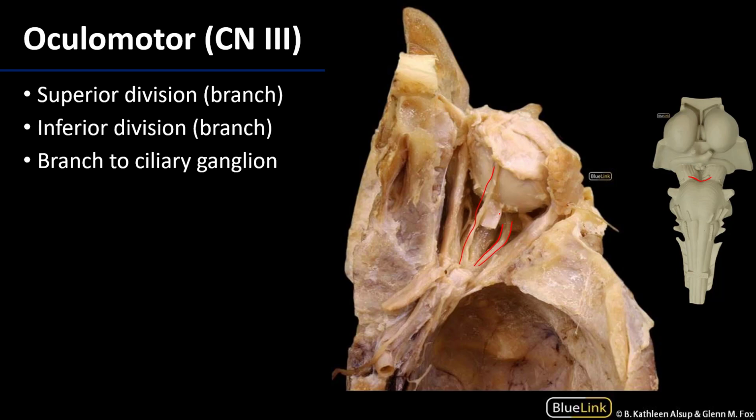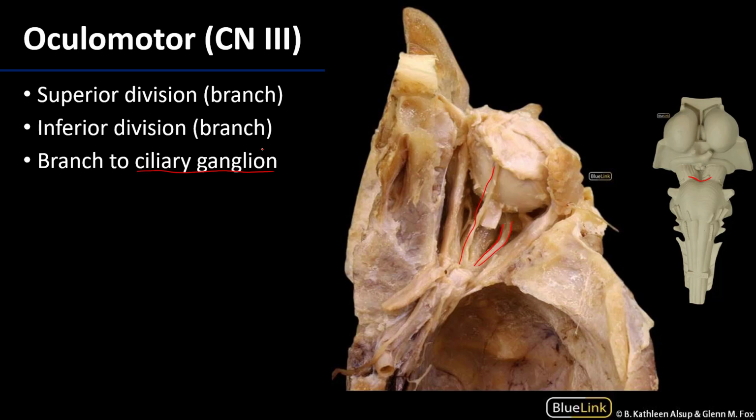The inferior division is innervating inferior rectus and inferior oblique, and it also sends a branch to the ciliary ganglion. The ciliary ganglion is the parasympathetic ganglion, which is serving the eye. So it's specifically going to send short ciliary nerves to the eye, which we'll discuss at the end of this video.